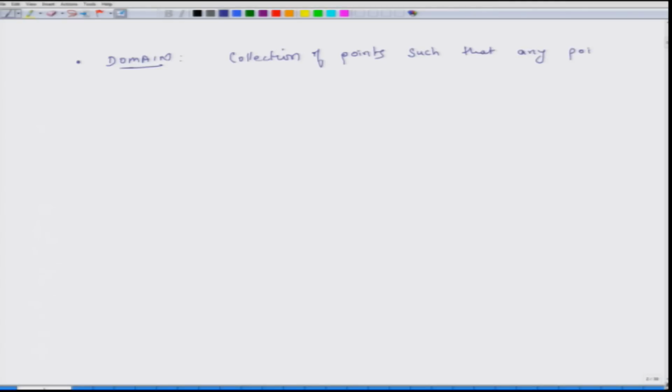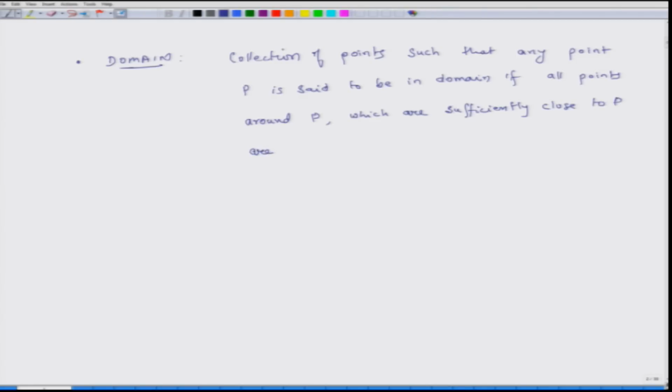such that any point P is said to be in the domain if all points around P which are sufficiently close to P are in the domain.